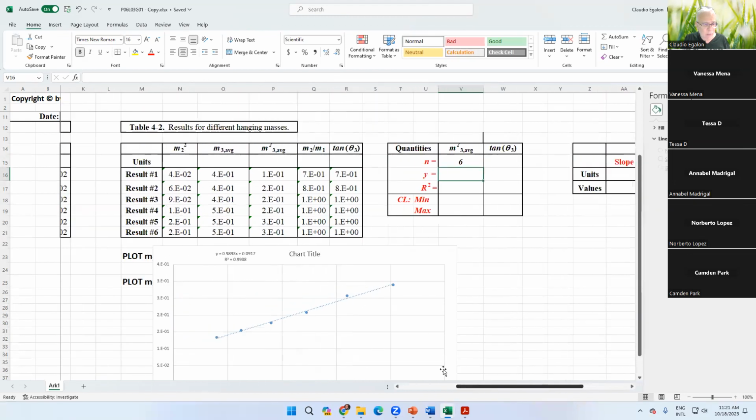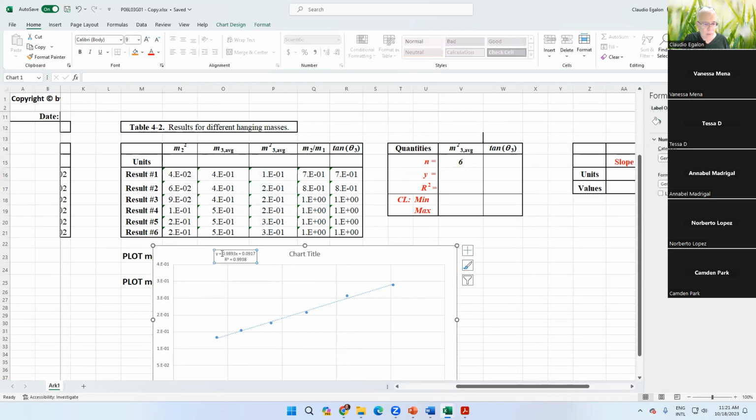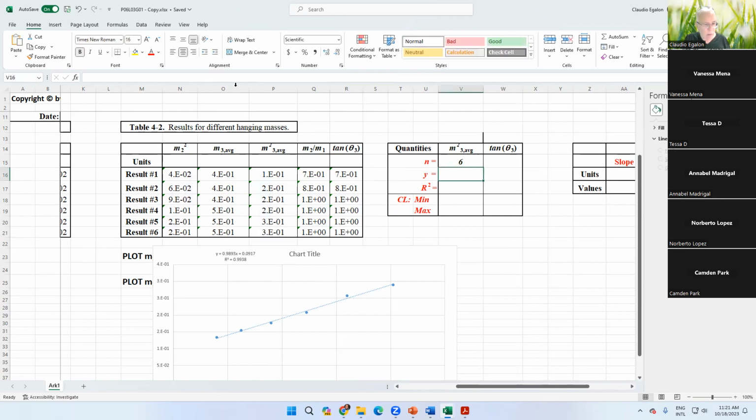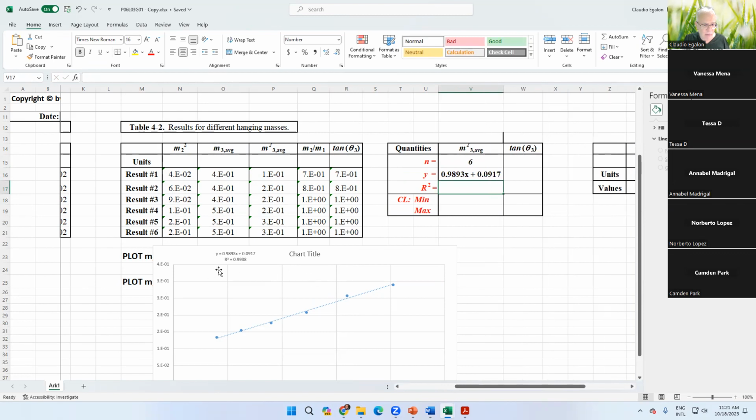Y is going to be the equation that I got. And the R square, you have to type what you have here, 9938. Now that you have N and R square, you can find the CL lower bound and upper bound.